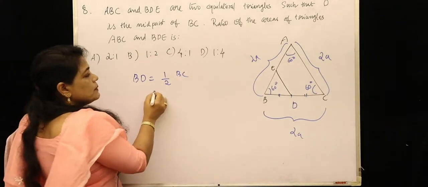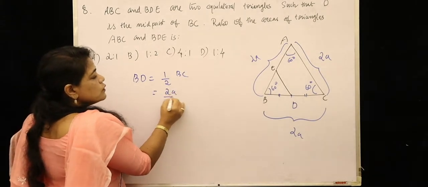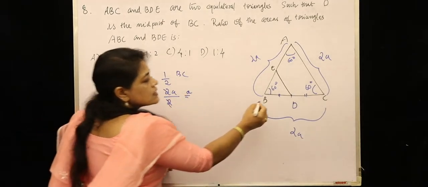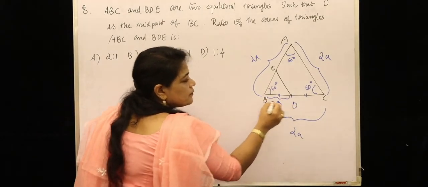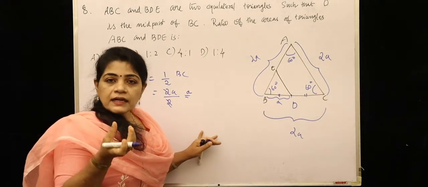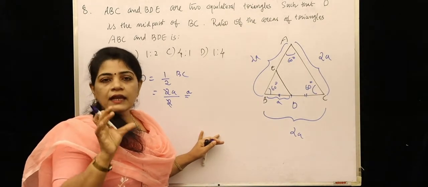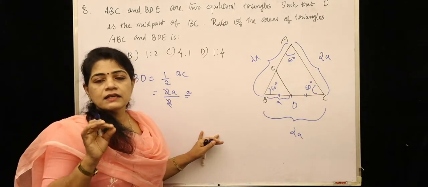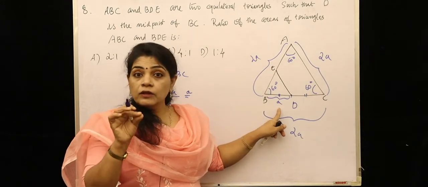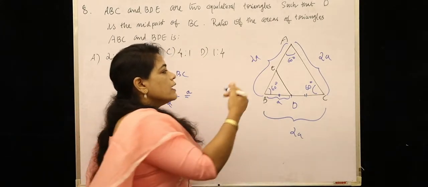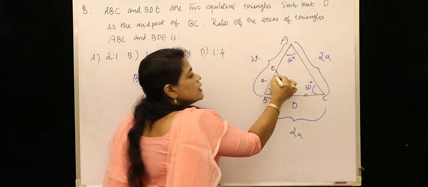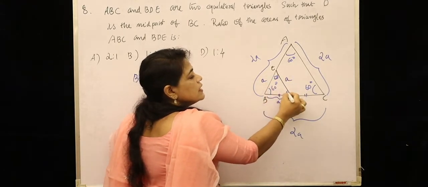BC is 2A, so half of it is A. So the side BD, the side of equilateral triangle BDE, will be A. You can mark the other two sides also as A, since it is an equilateral triangle, and each angle is 60 degrees.